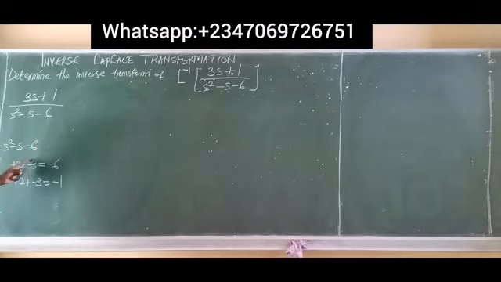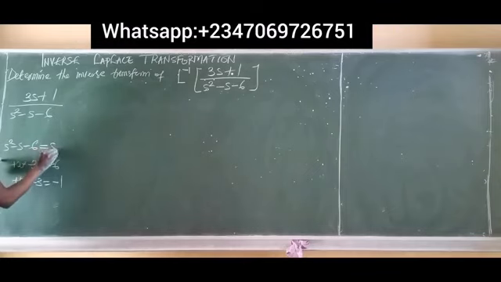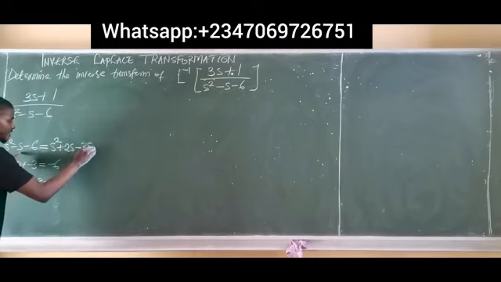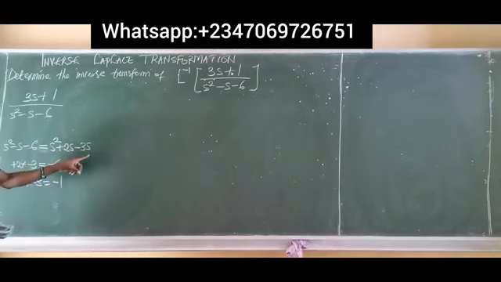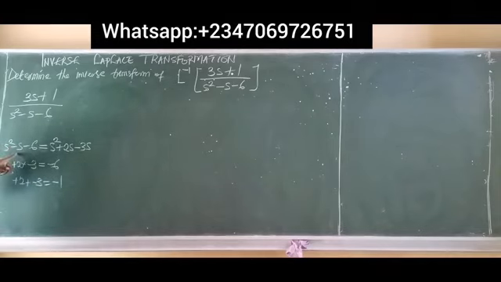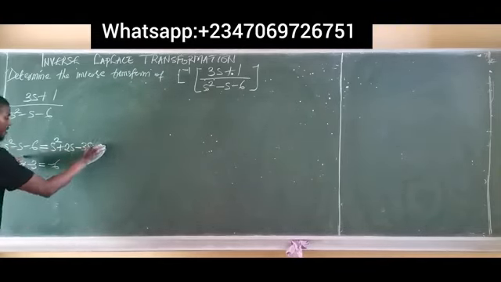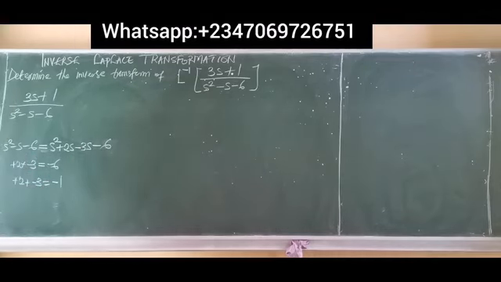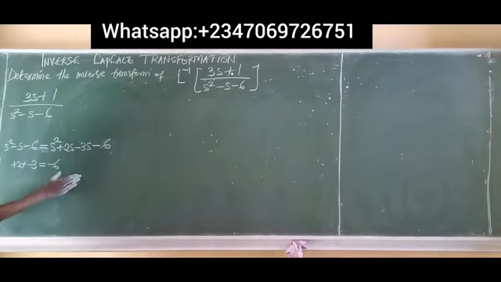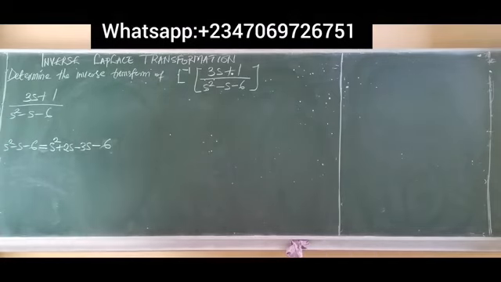Hence, we can write this denominator as s² plus 2s minus 3s minus 6. Of course, 2s minus 3s simply gives me −s, so plus 2s minus 3s minus 6 gives me −s − 6. I'm using the idea of factorization now to find the factors of the denominator.